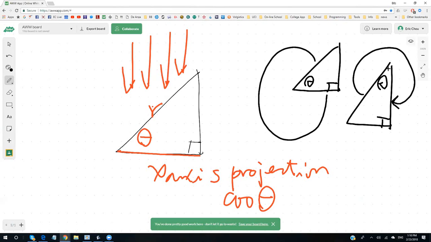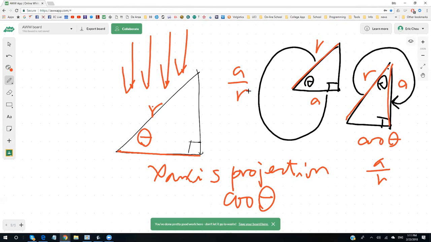The ratio between this one and this one is called cosine of this theta. So A over R is called cosine theta. This one is R, this one is A. We call A over R cosine theta.